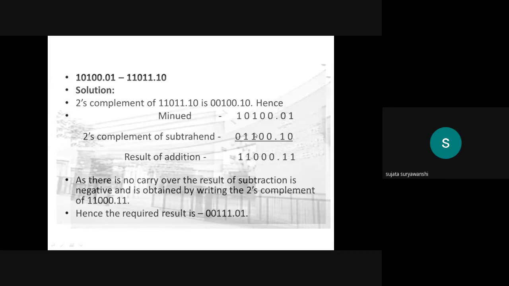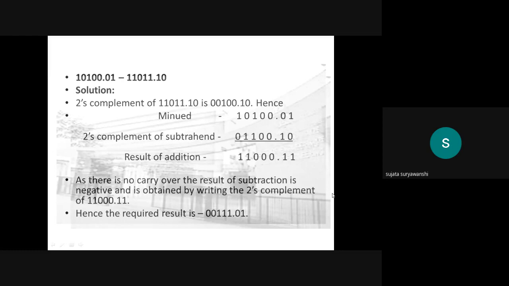It should be 0, then carry 1. 1 plus 1, 0, carry 1. And if you get carry 0, means your result is negative and it is in 2's complement form. You need to convert it into 2's complement to get the final result.